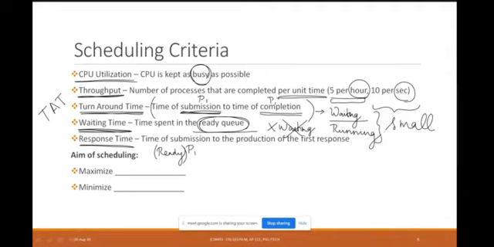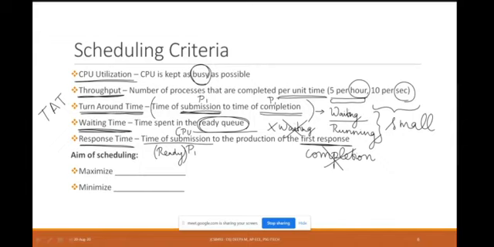It is the time from submitting the process to my CPU or ready queue to the production of the first response, not the completion. Whenever I get the first output from the process, that is called my response time.